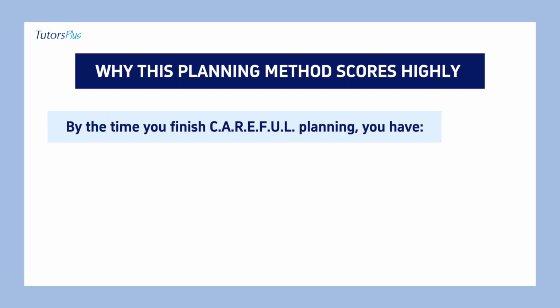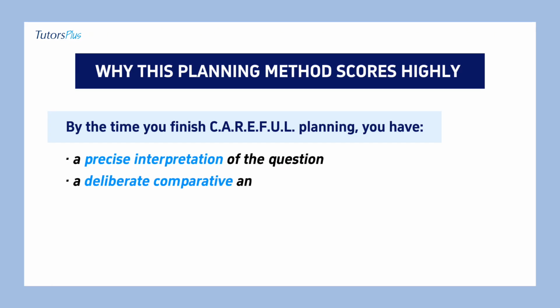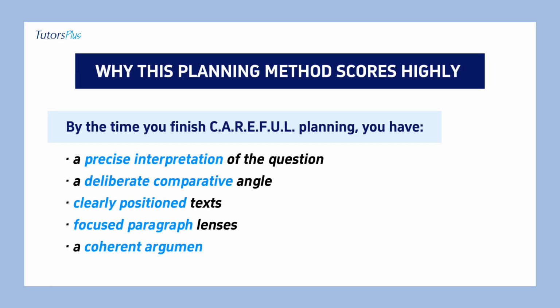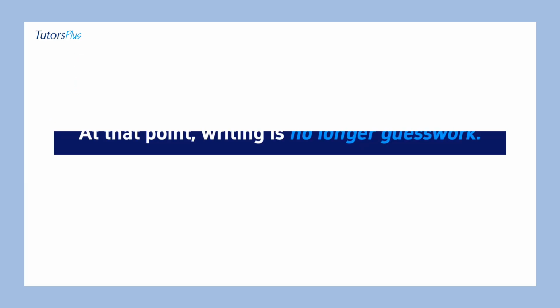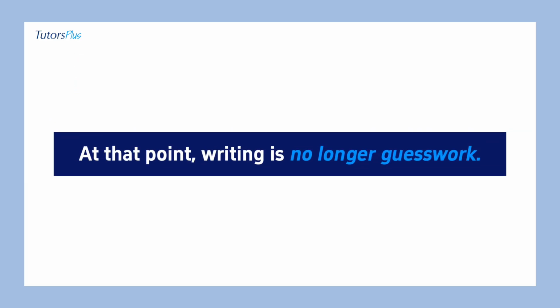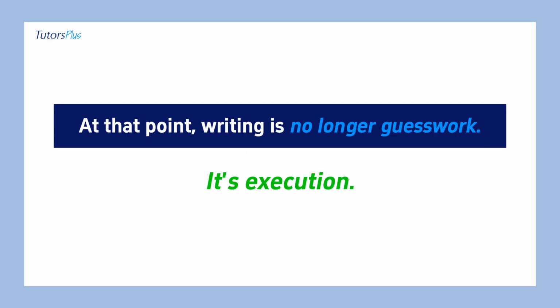And by the time you finish careful planning, you've got a precise interpretation of the question, a deliberate comparative angle, clearly positioned texts, focused paragraph lenses, and a coherent argument flow. And at that point, writing is no longer guesswork, it's just execution.